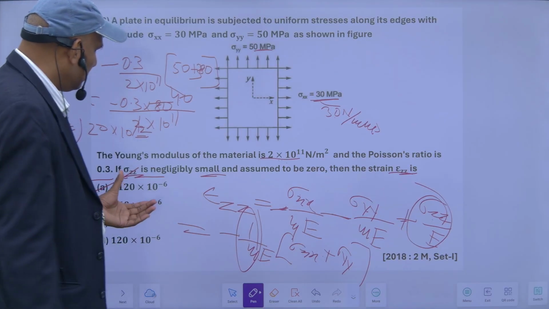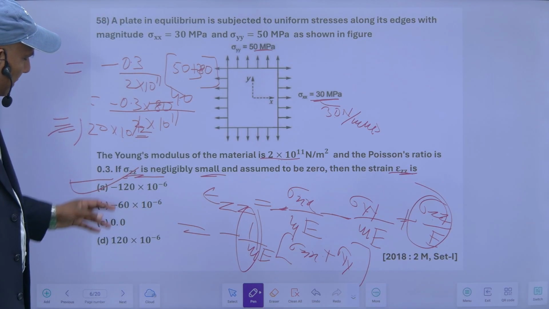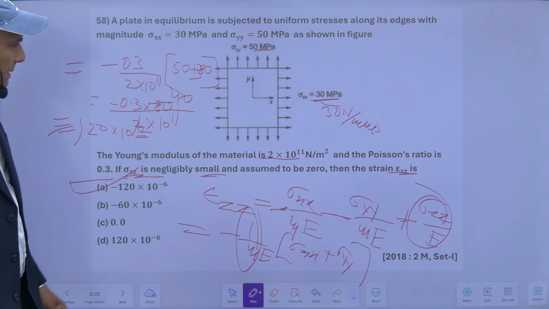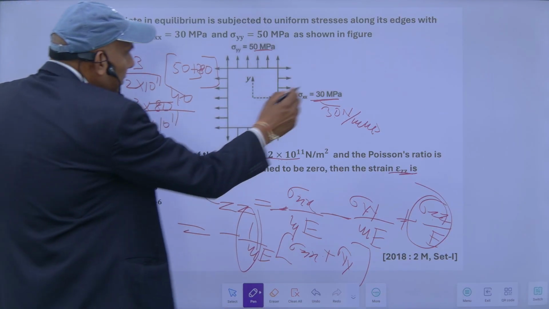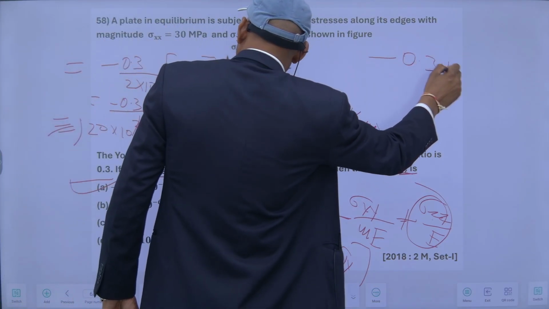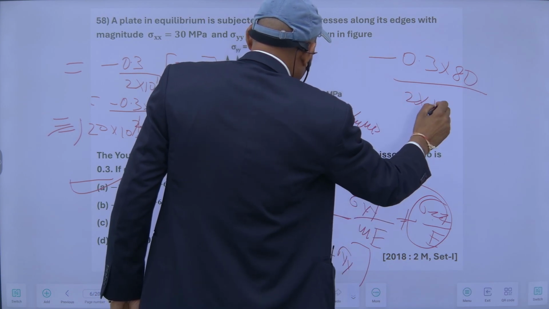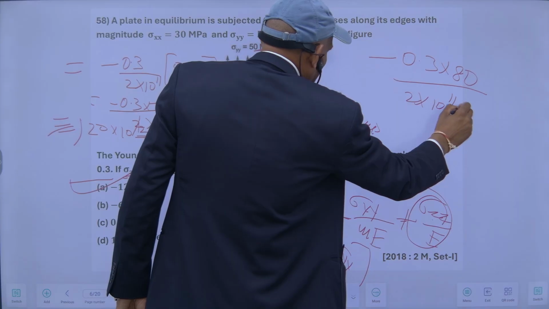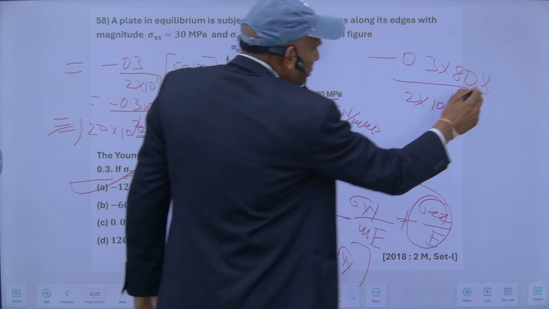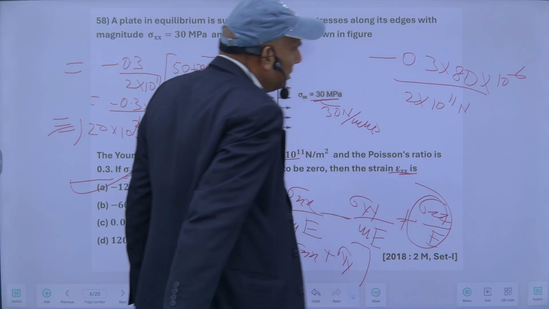So there is no point of wasting time. Minus 120 will be the right answer. So you can calculate it: 0.3 into 1t upon 2 into 10 raised to the power 11 Newton into mm, 10 raised to the power 6.